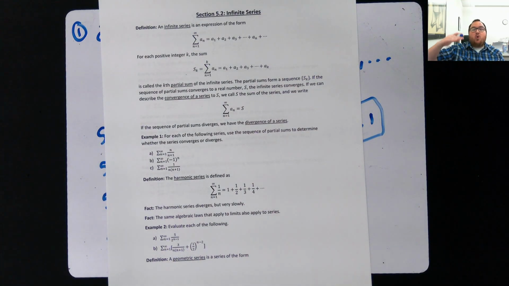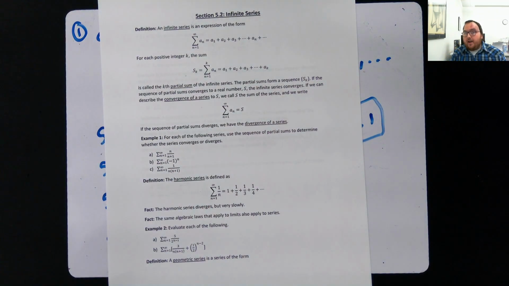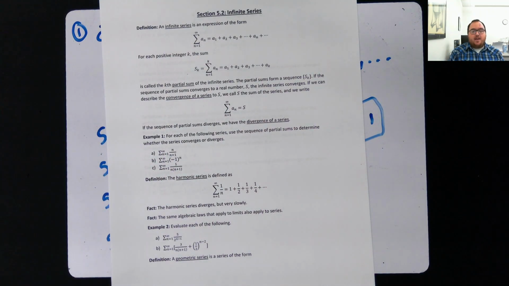It's going to grow and grow and grow, keep growing, but just really slowly, okay? And this is a helpful fact we are going to use a lot in this class. And so keep that in mind. The sum of 1 over n diverges just very slowly. Another fact, the same algebraic laws that apply to limits also apply to these too. And you'll see what I mean. I'm going to use a few of them as we go on.